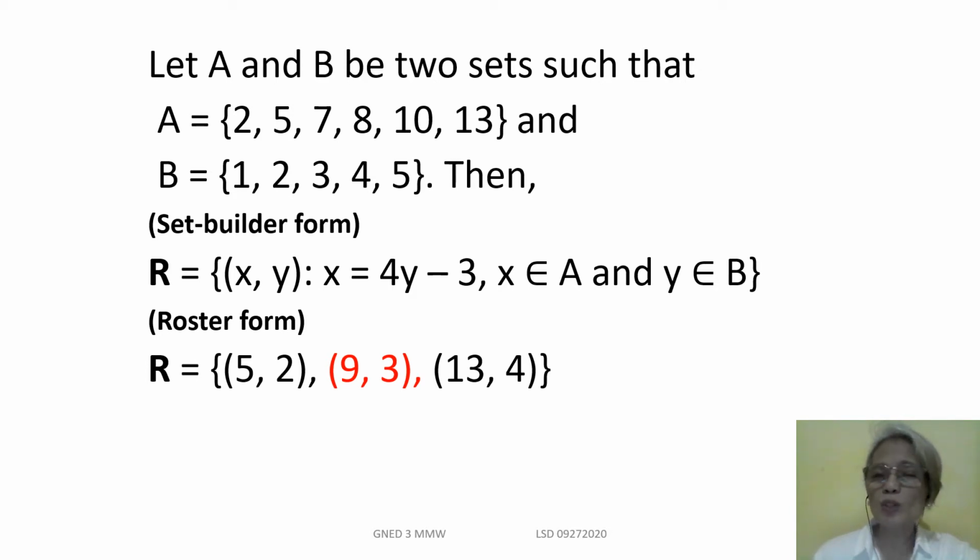Suppose we choose 2 as our Y. What will be the value of X? We substitute 2, so 4 times 2 is 8, minus 3 is 5. So we have the ordered pair (5, 2).